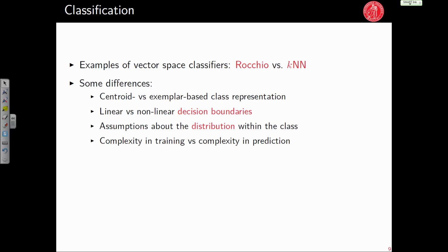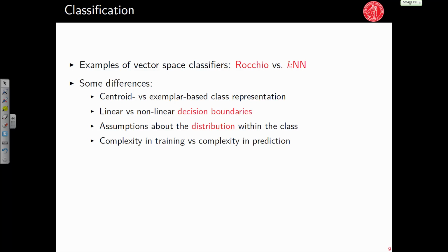In terms of complexity, Rocchio has a higher complexity during the training phase because we had to compute the centroids, but in the prediction phase it was linear in the number of classes, because all we had to do is compare to the different representatives of the classes we have.